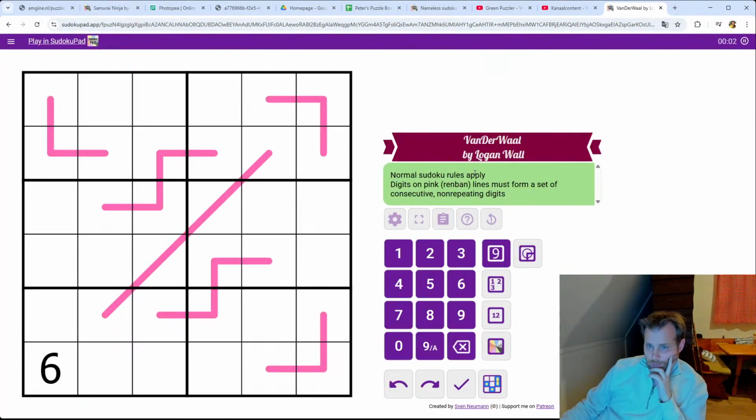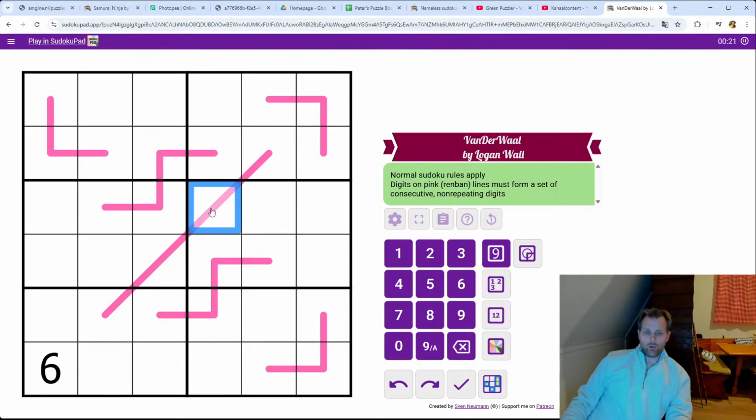Normal Sudoku rules apply. Digits on pink Renben lines must form a set of consecutive non-repeating digits. Right. Normal Renben. Okay.